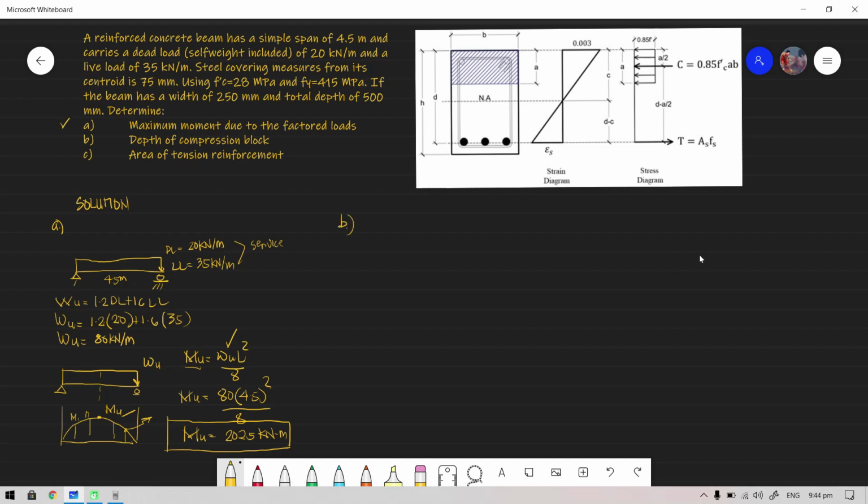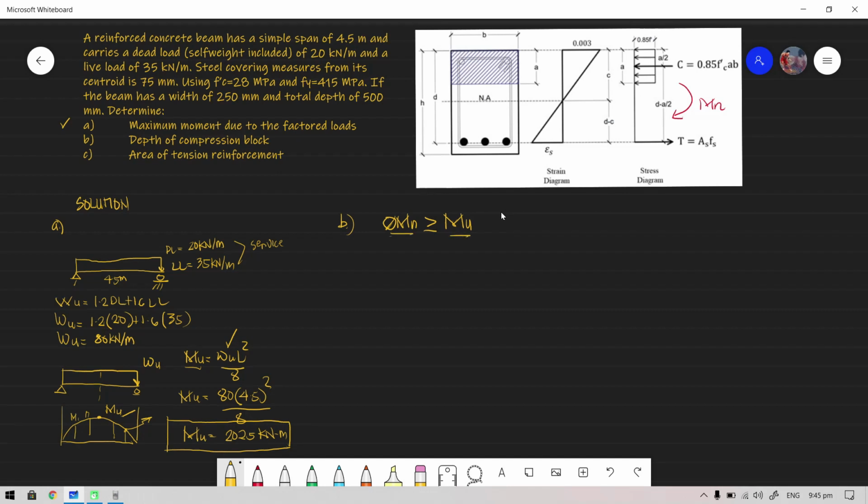Next, depth of compression block. Okay, for the depth of compression block, meron na tayong moment dito. Okay, we have the nominal moment. Now, since yung basic design principle natin, we know that the φMn should at least equal to or greater than the expected load. Ito yung design strength of the section, ito naman yung bubuhatin.